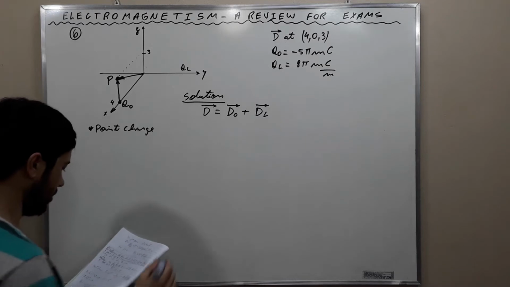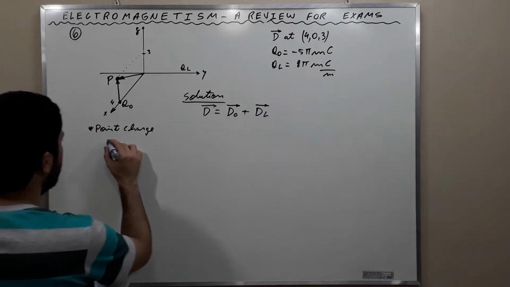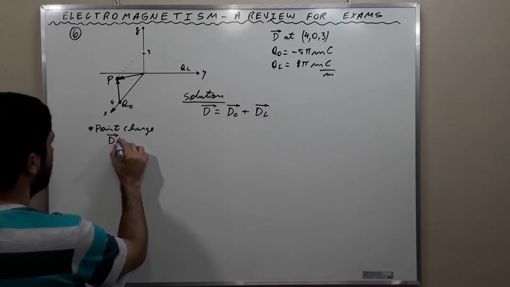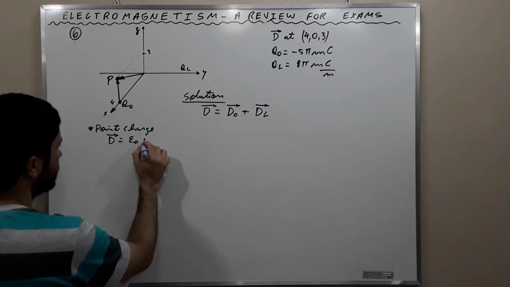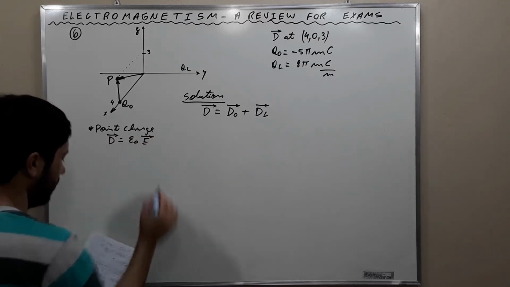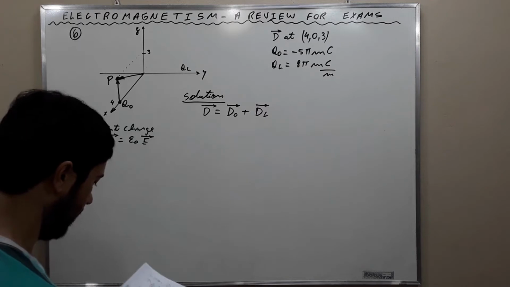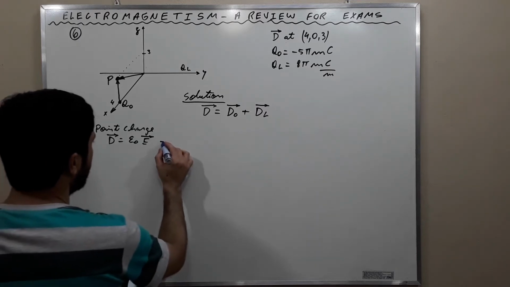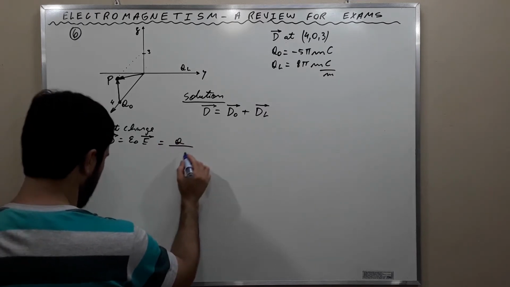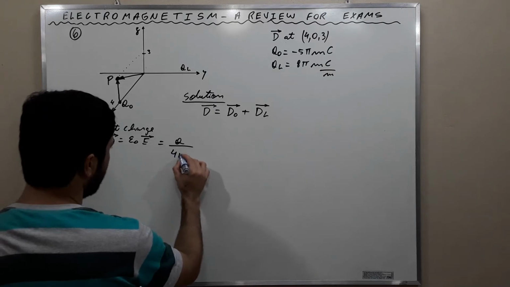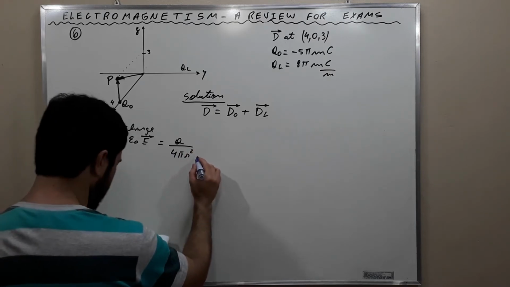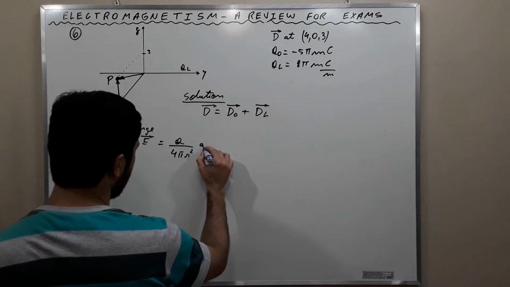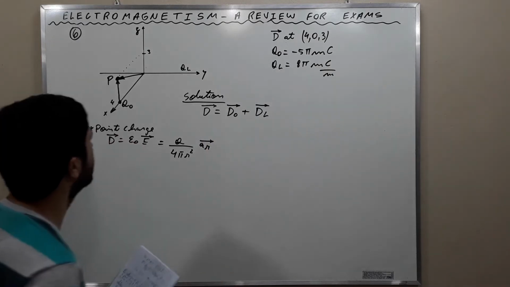we're going to use that D is equal to epsilon 0 times the field, which is going to be equal to Q over 4 pi r squared in the a r direction.